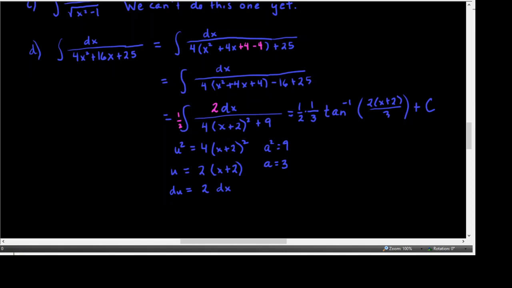And then we should simplify. We should get 1/6 inverse tangent of 2x plus 4 over 3 plus c.